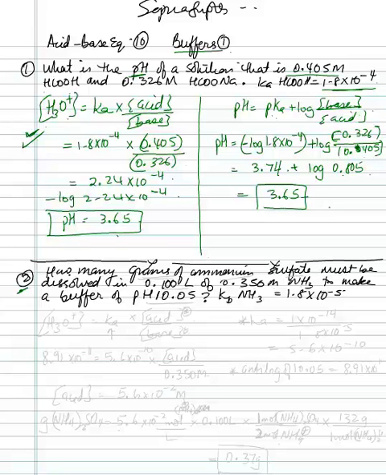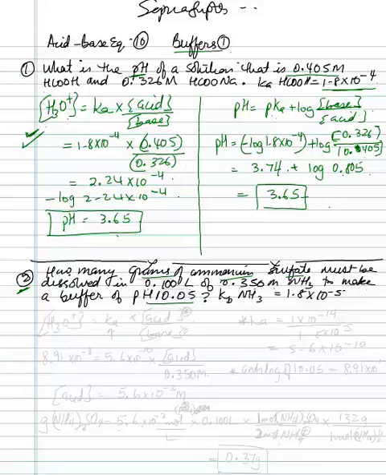So here's the next question then. How many grams of ammonium sulfate must be dissolved in 0.100 liters of 0.35 molar ammonia to make a buffer of pH 10.05? And then the Kb is given to us.